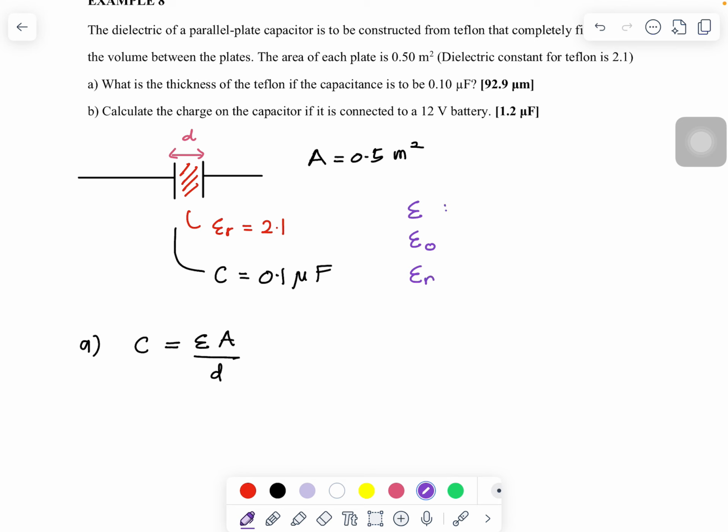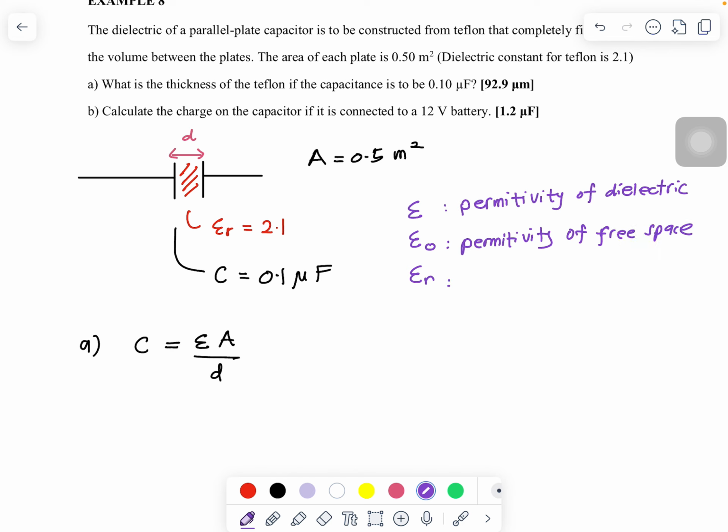So kalau epsilon saja, ini adalah permittivity of dielectric. And then epsilon naught, permittivity of free space. Okay, we call it as permittivity of free space.